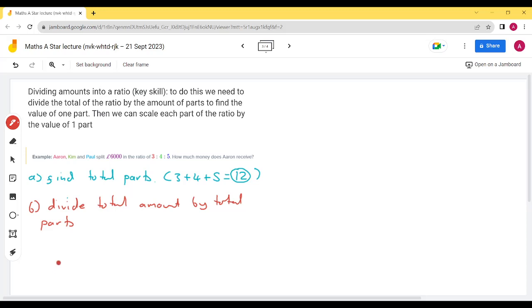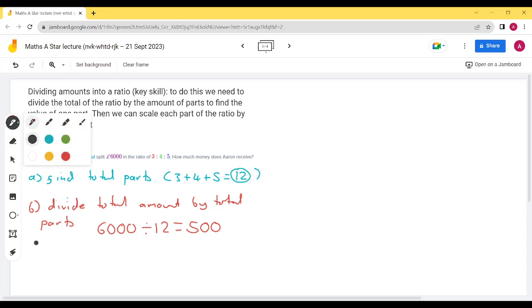So the total amount is 6,000 divided by 12 equals... The easiest way, you could write out a bus stop if you really wanted to, but you don't need to. You can just do 60 divided by 12, which is 5, and then add the 2 zeros.